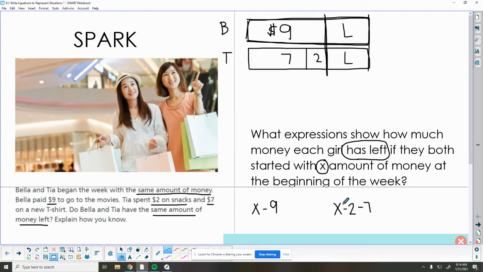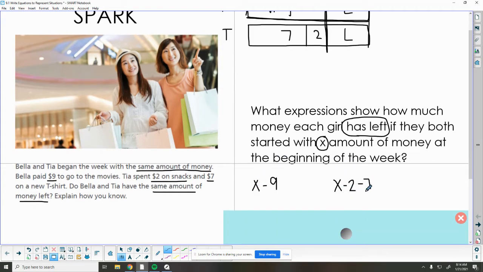These are the same expressions because I can combine these terms here. So if I have this number line and I'm here at 0 and she spends 2 and then 7 more, 1, 2, 3, 4, 5, 6, 7. This is also X minus 9 when we combine like terms.